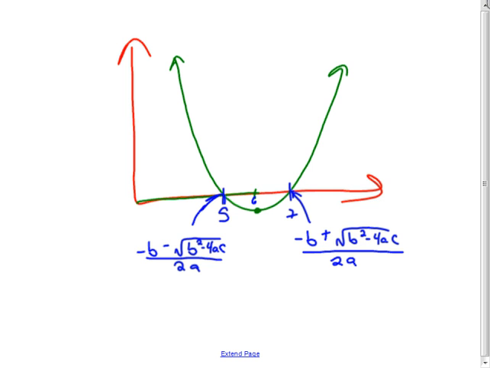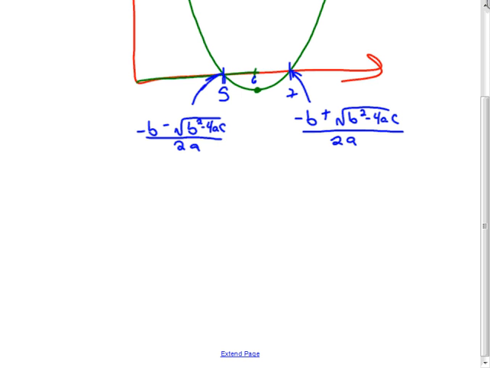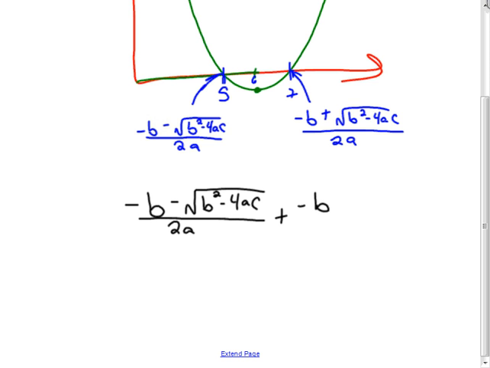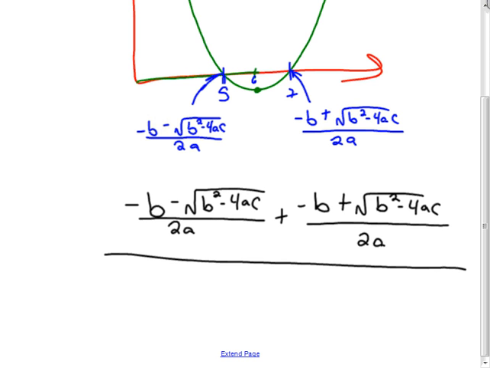There's a plus, there's a minus. So with this, I have to average those two values: add them up, divide by 2. Opposite of b minus the square root of b squared minus 4ac all over 2a, plus the opposite of b plus the square root of b squared minus 4ac all over 2a. And I'm averaging them, so I add them up, and I divide by 2.